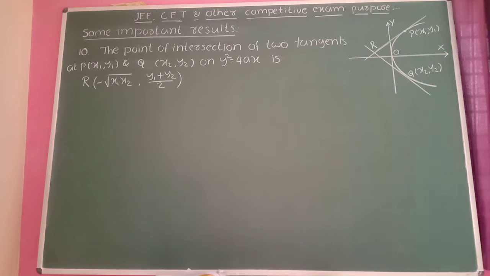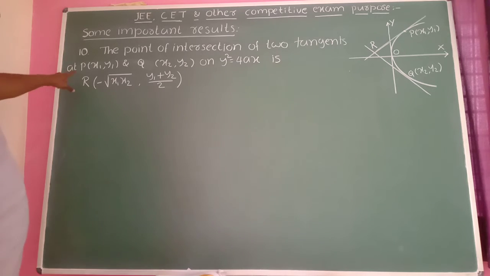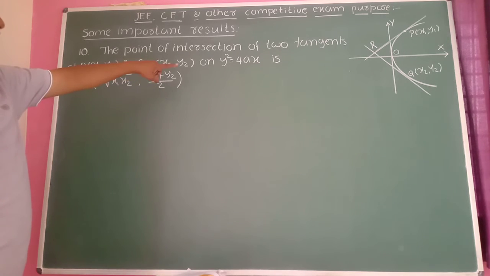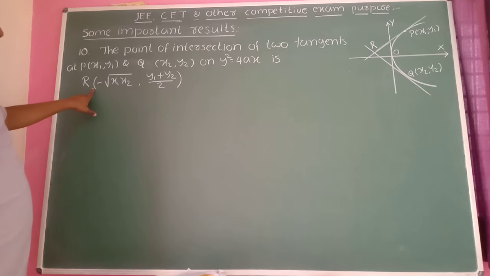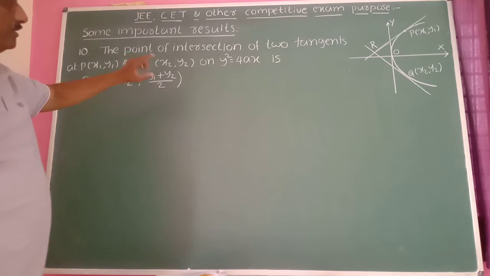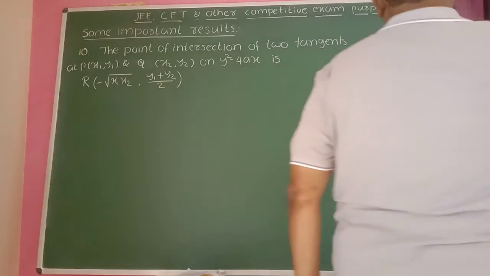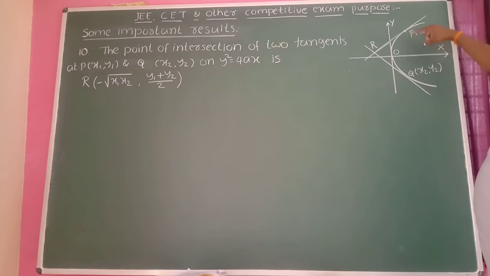The next point: the point of intersection of the tangents at (x1, y1) and (x2, y2) on y² = 4ax is (√(x1 x2), (y1 + y2)/2). So (x1, y1) and (x2, y2) are two points on the parabola.